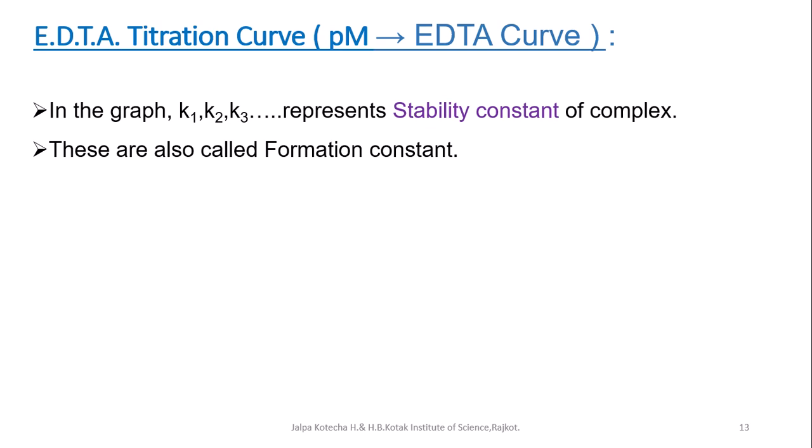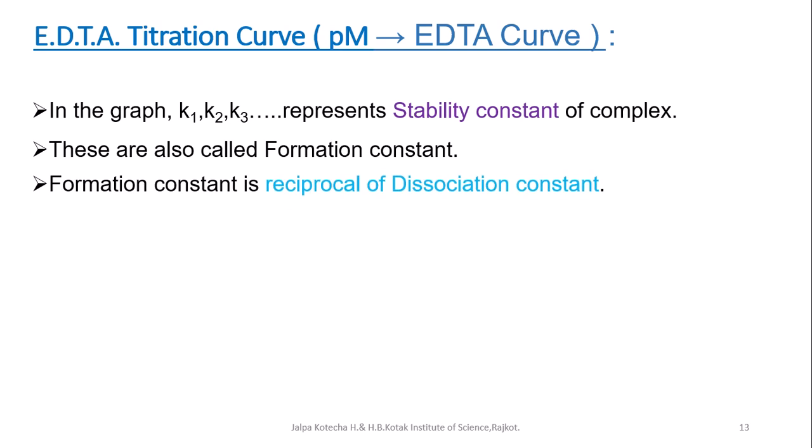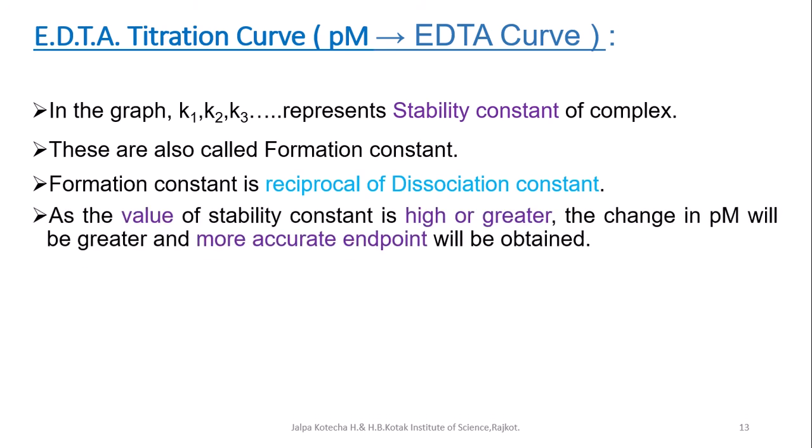These are also known as formation constants, and generally these are the reciprocal of the dissociation constant. The formation constant gives you the formation of a metal chelate, and dissociation constant means it dissociates, which is a reversible reaction. So as the value of the stability constant is higher, the change in the PM value will also be larger, and hence we get a more accurate endpoint.